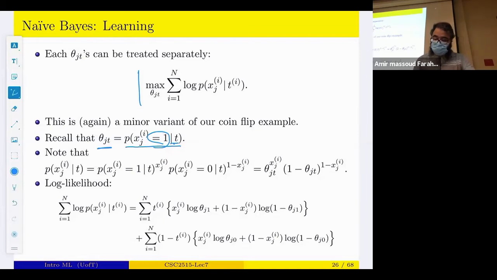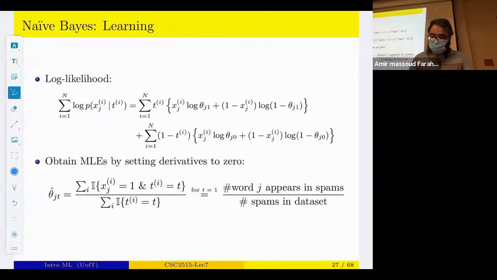Then we can do some simple manipulation. We can compute the log likelihood very similarly to the previous case, expand it, and then compute the derivative. I won't go through the equations one by one, but after setting the derivative to 0 and solving the equation to find theta jt, we get our maximum likelihood estimate.